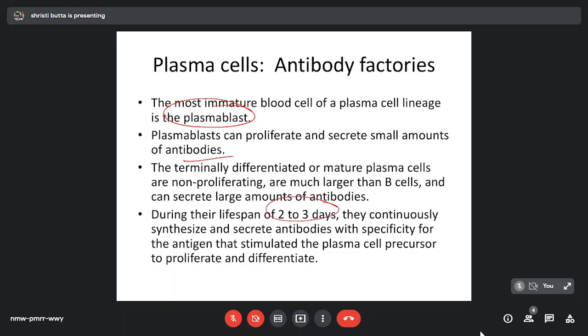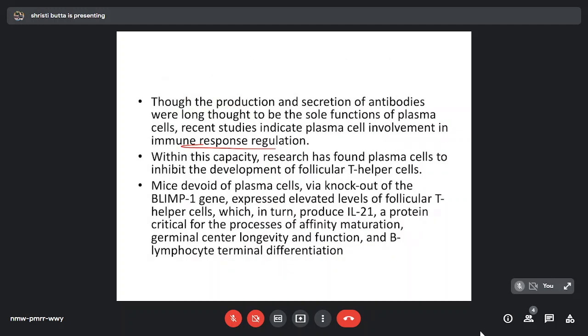They continuously synthesize and secrete antibodies with high specificity for antigens that stimulate the plasma cell precursor to proliferate and differentiate. Though the production and secretion of antibodies were long thought to be the sole function of plasma cells, now we know that they are also involved in immune response regulation.